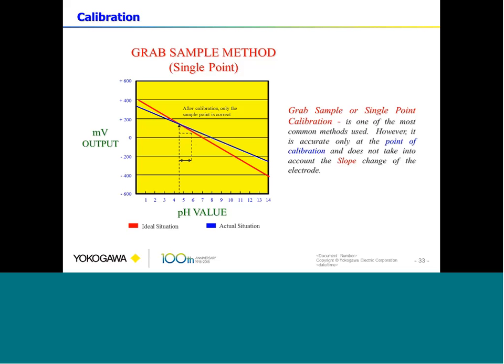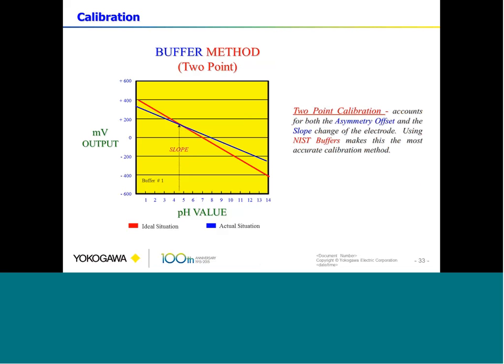So we recommend 2-point calibration because, if you want to think of it this way, you're doing 2 calibrations. The first part is calibrating for the reference electrode, the second part for the glass electrode, and they are in combination, but it's just an easy way to think of it. When you do a 2-point, you still do the first part: you put it in the 7 buffer and zero it out.